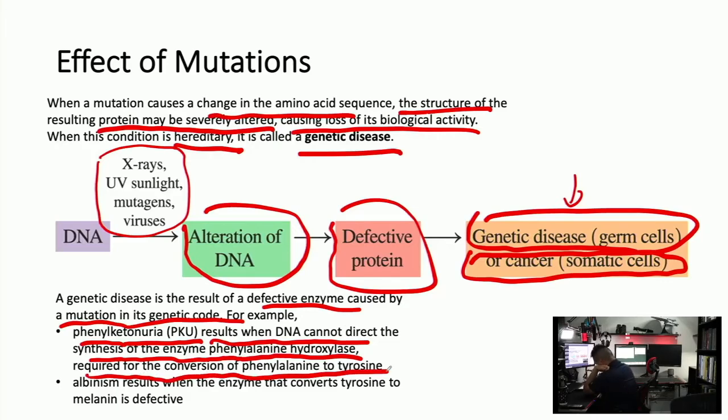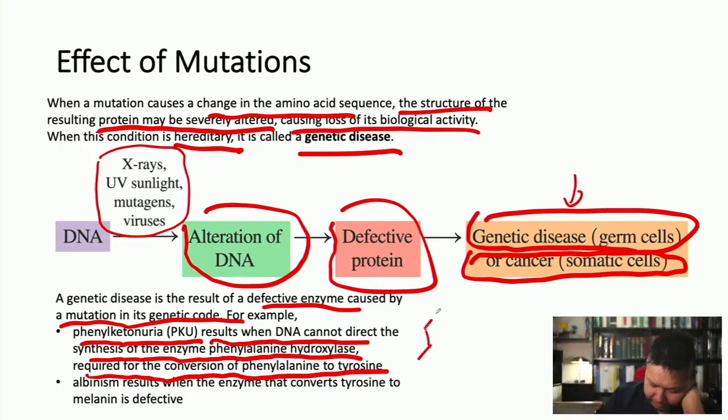So phenylalanine, remember, is the R group that looks like this. My favorite amino acid, right? And then tyrosine is the R group that looks like this. So that's important. Why?